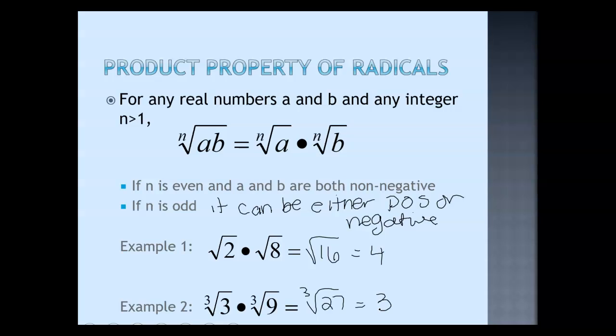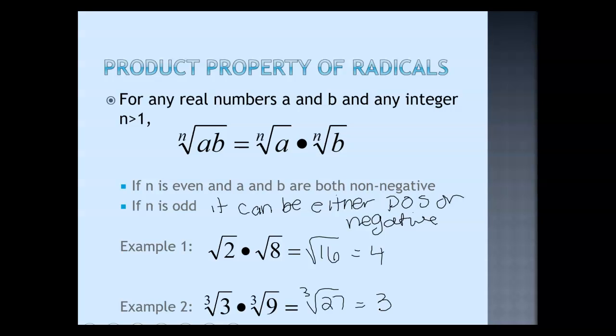The reason it doesn't change them is to think about what a square root represents. So that's like 2 to the 1/2 times 8 to the 1/2.